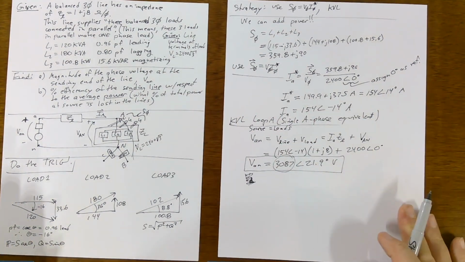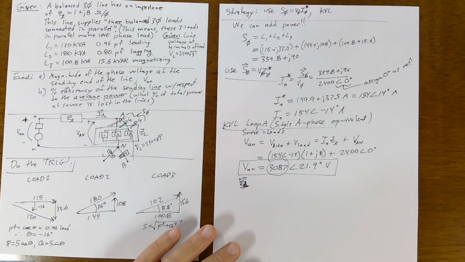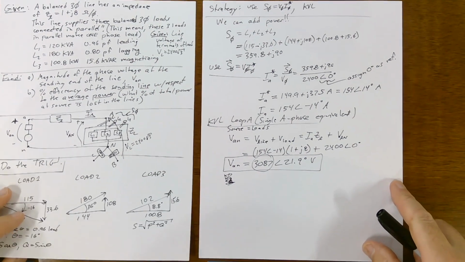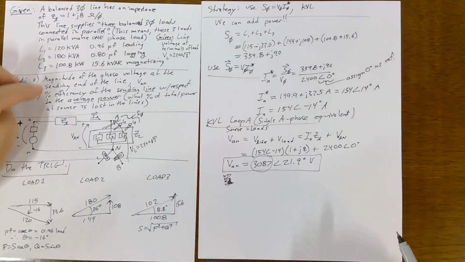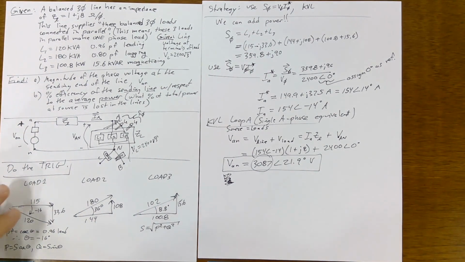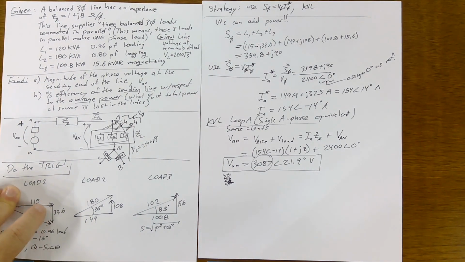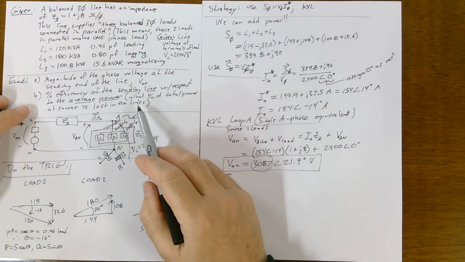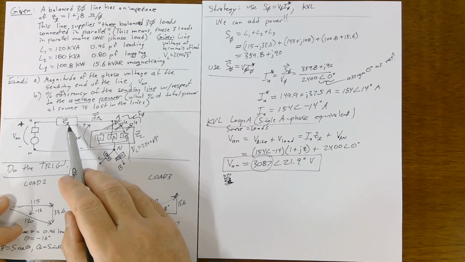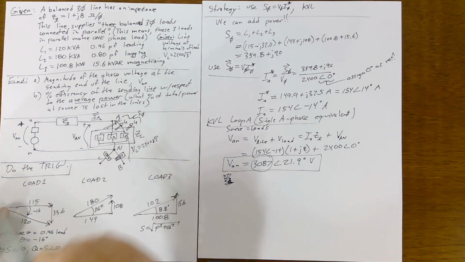All right, that was part A. Then part B: percent efficiency of the sending line with respect to the average power. What percent of the total power at the source is lost in the line? So we need the total power here, and then the power lost in the lines.